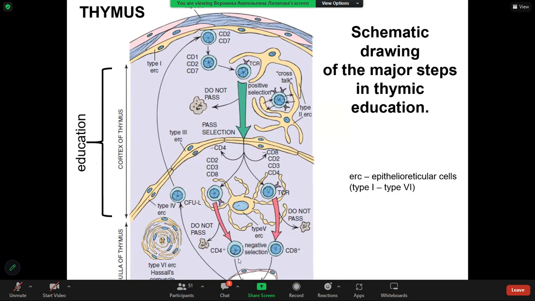After selection and education, T cells enter the bloodstream.